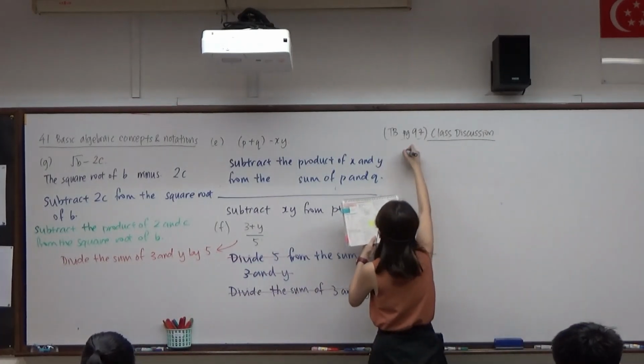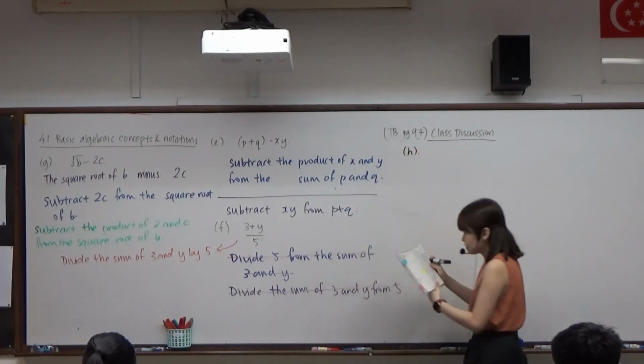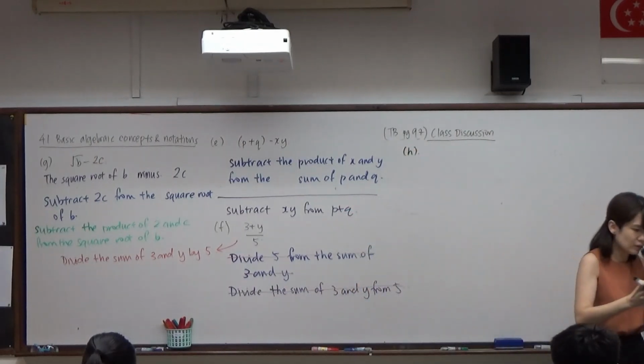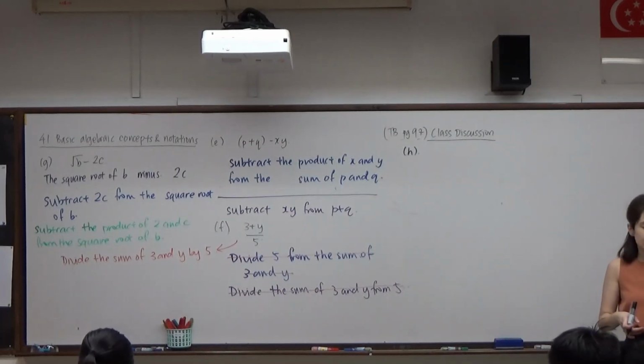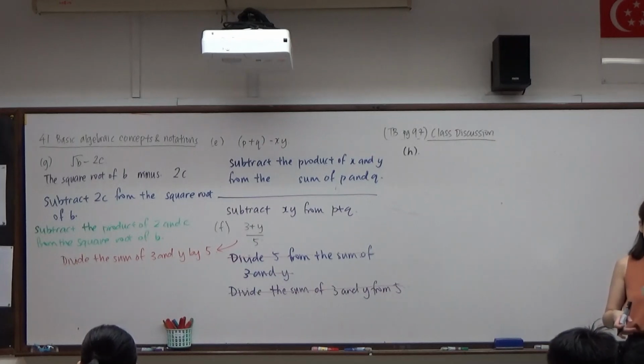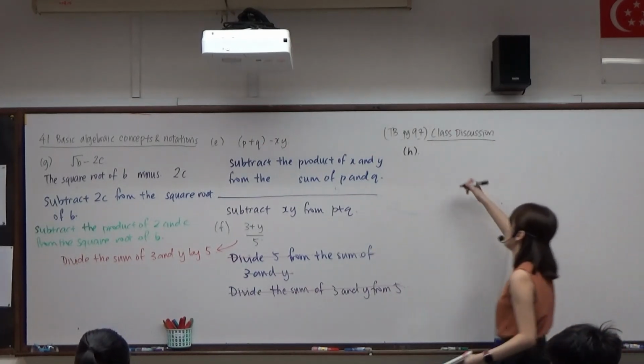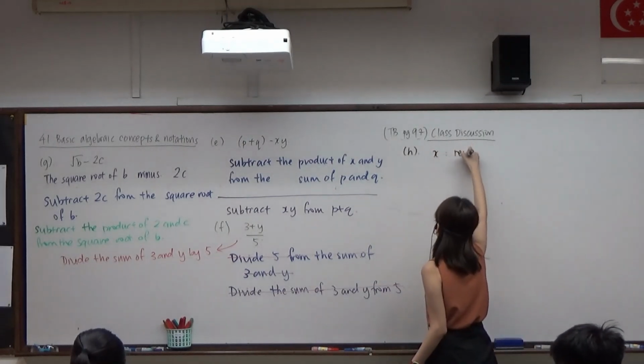Let's look at part H. I don't want to write down the whole question, so do it with me. It says that there are 3 times as many girls as boys in the school. Find an expression in terms of x for the total number of students in the school, where x represents the number of boys in the school.